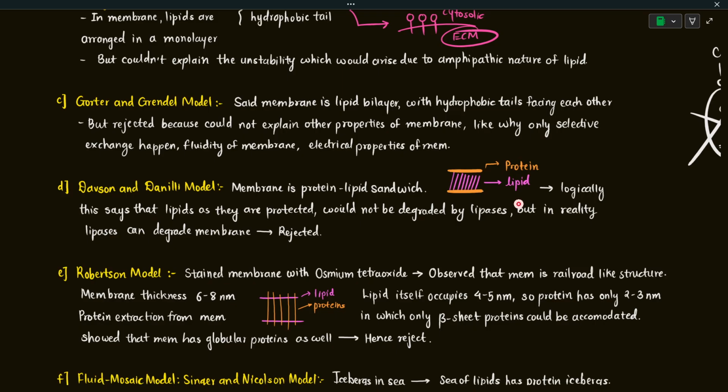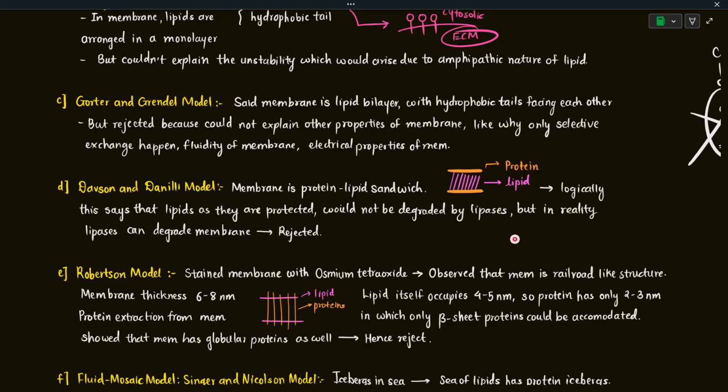This model was rejected because it had a major drawback: during the experimental procedure, we saw that lipases, those enzymes, could easily digest the lipids. So lipases are the enzymes which can digest lipid. But if this model suggests that the lipids are protected by the proteins from above and from the bottom, then when we introduce lipase in the solution, it should not degrade the lipid.